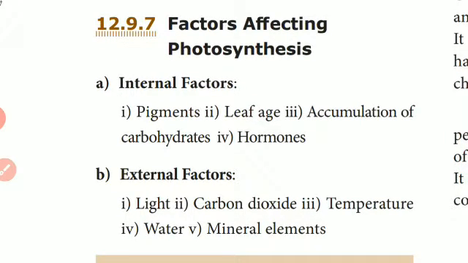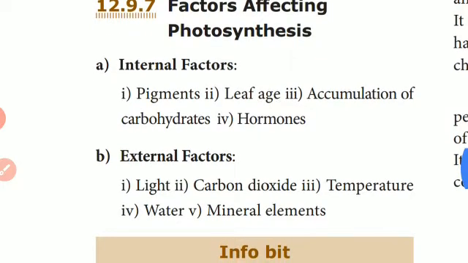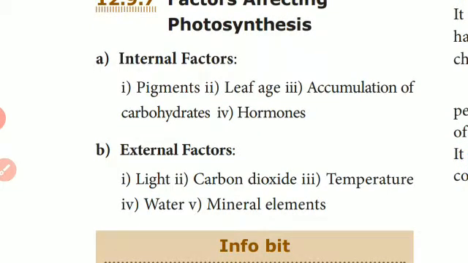Leaf age: when the leaf is aged, it cannot carry out proper photosynthesis. Accumulation of carbohydrates: how much carbohydrate can be stored depends on how much carbon dioxide is taken in and how much carbohydrate is produced out of that. So it will vary accordingly. And hormones are also one of the important things.